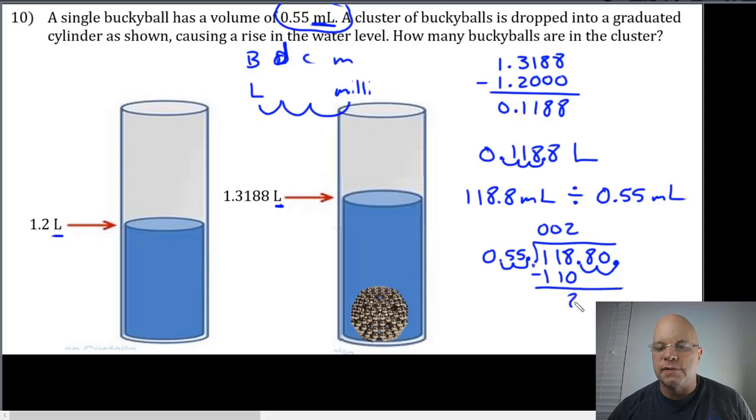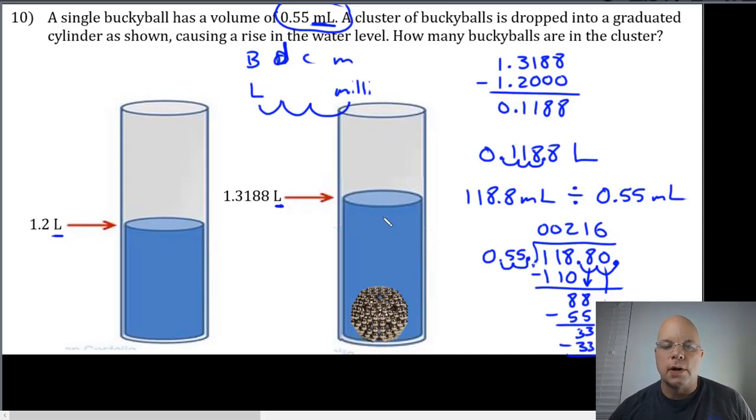Subtract, get a difference of 8, bring down this 8. How many 55s are in 88? 1. 1 55 is 55. Subtract this and I get a difference of 33. Bring down this 0. How many 55s are in 330? Exactly 6, because 6 50s is 300 and 6 5s is 30. So I get a difference of 0, so we're done.